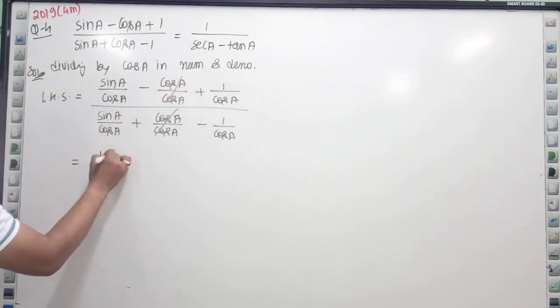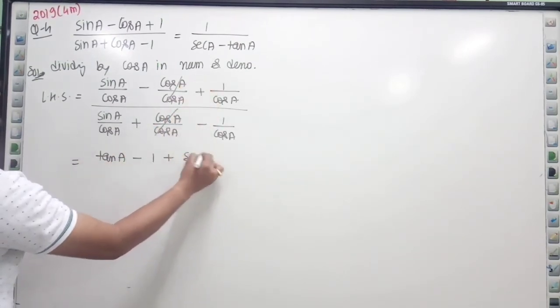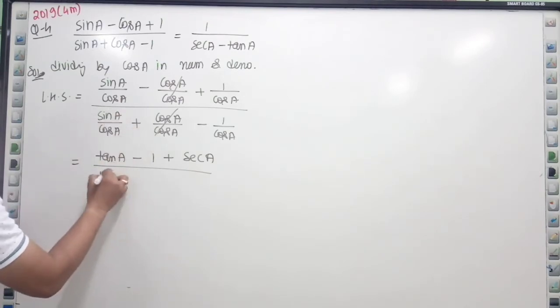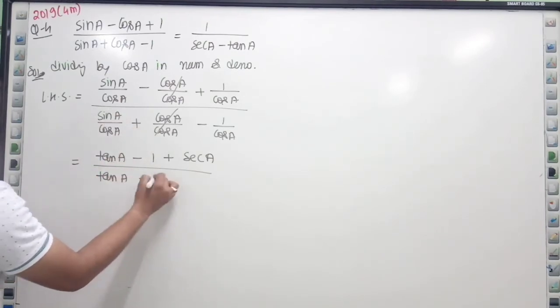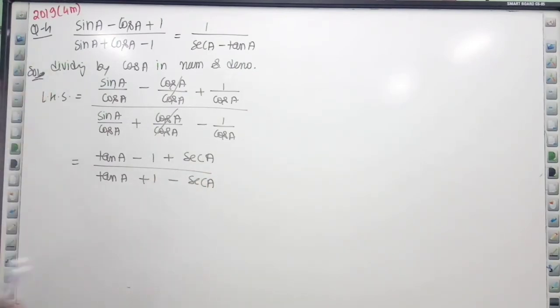What is sin by cos? Tan A minus 1, 1 by cos is sec A. Sin A by cos is tan A plus 1 minus sec. Right? Why I have told this is a 3-term question, numerator and denominator.